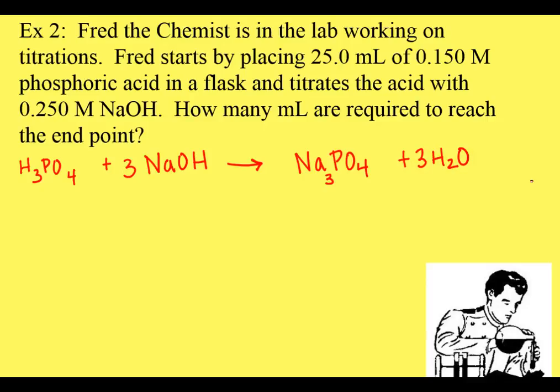We should now list the information we know below each substance. The first number I see in the problem is 25 milliliters of phosphoric acid. 25 milliliters is 0.025 liters. So I'll list that below the H3PO4.